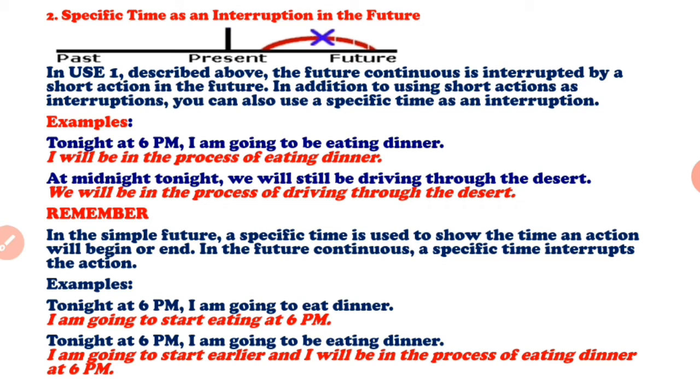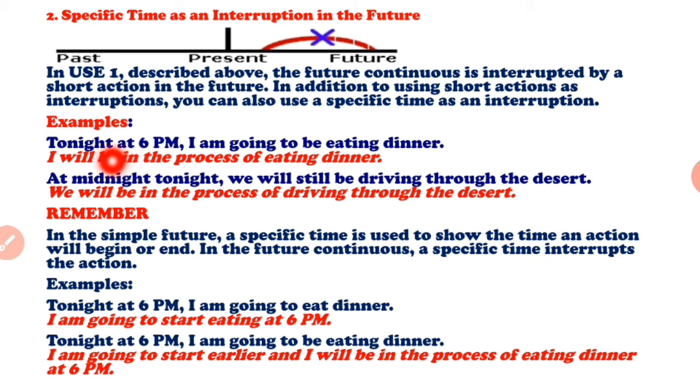What was there? There was an interruption by another action, not by a point of time. But here, what is the interruption point? The interruption point is a specific time. Here you can check specific time. Examples you can check. Tonight at 6 p.m. What is this?